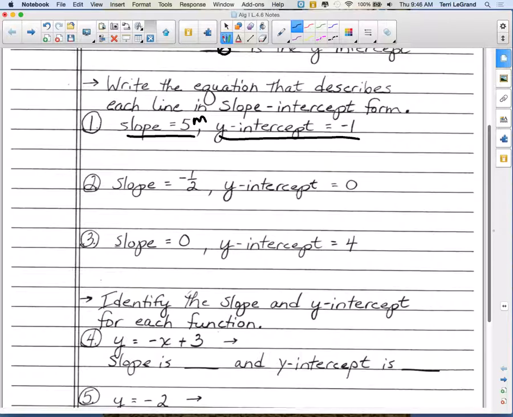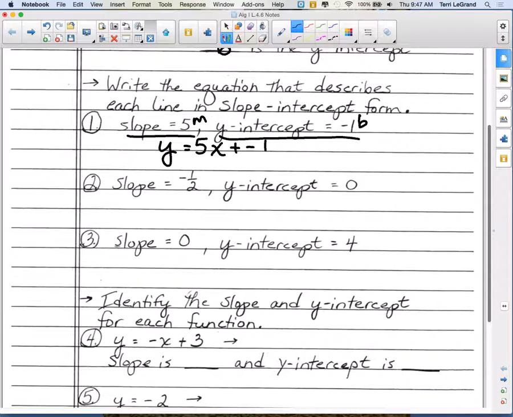That's our b value, isn't it? So we can just write y equals 5x plus -1. We're replacing the m with our 5 because that's what it's standing in there for. We replace the b with -1 because that's what the b is standing in there for.